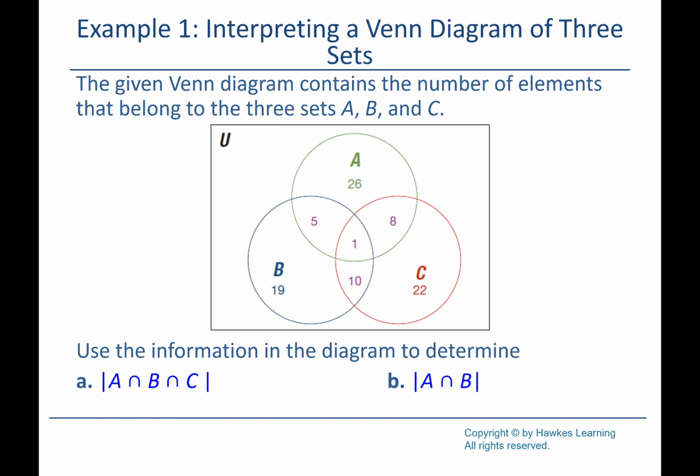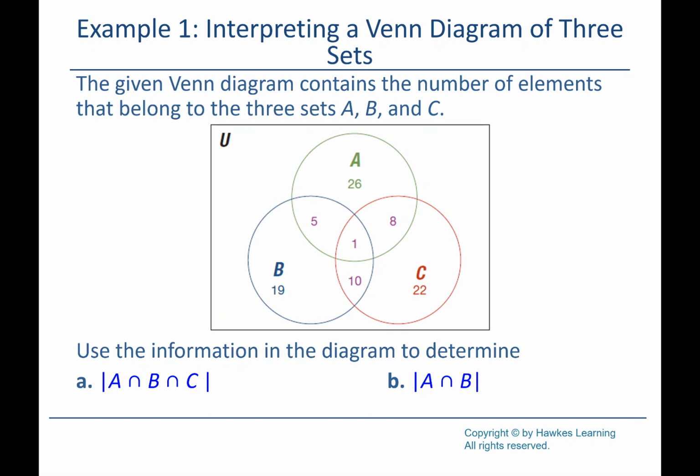And then B is how many elements do we have where A and B overlap? A intersect B. So now you have to be a little bit more careful, because looking at the picture, we have 2 sections that we have to take into account, because A overlaps B in the very middle, where we had 1 last time, but it also overlaps B out here where we've got these 5. So for this cardinal number, we have to include both of these pieces.